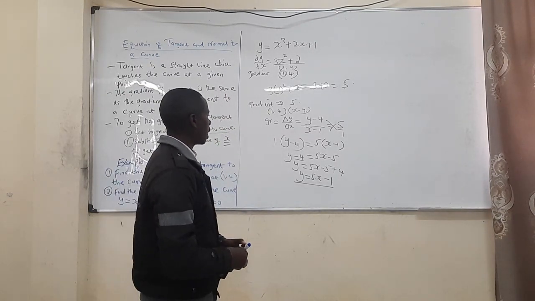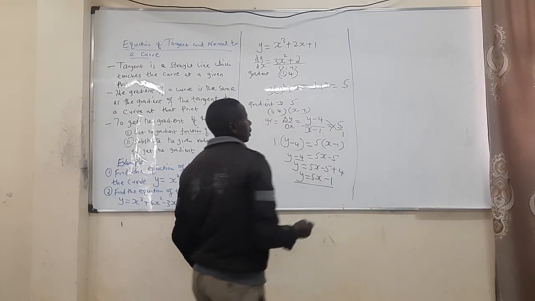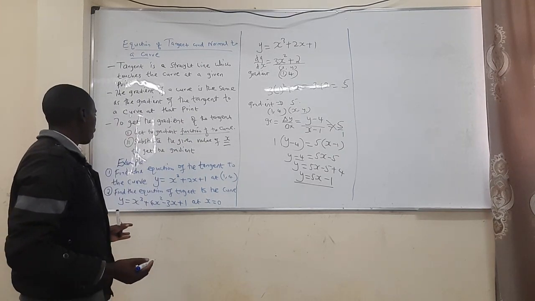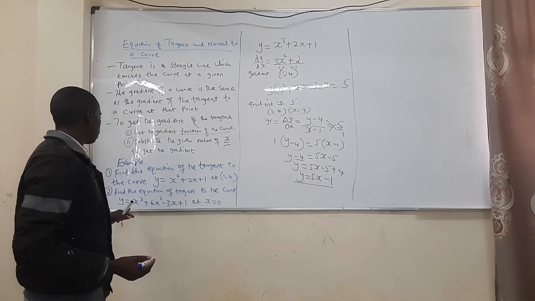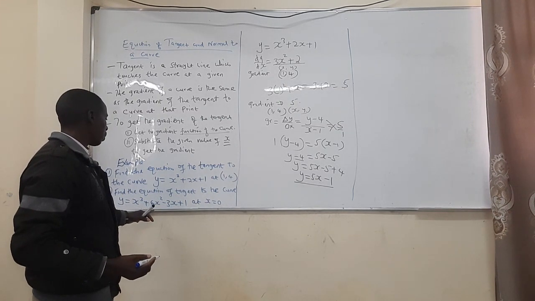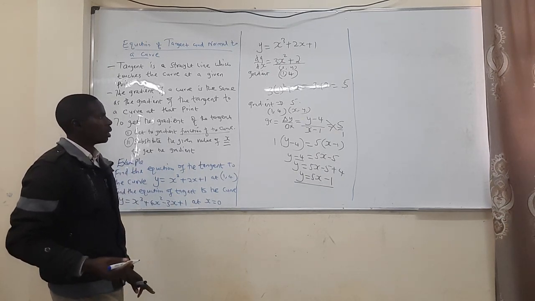So look at example 2. In example 2, you have been told to get the equation of the tangent to a curve. The curve is y equals x cubed plus 6x squared minus 3x plus 1 at x equals 0.